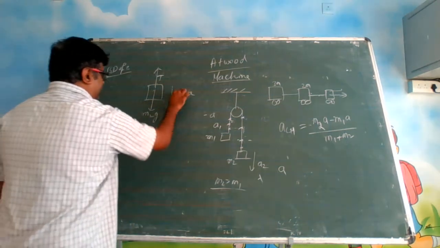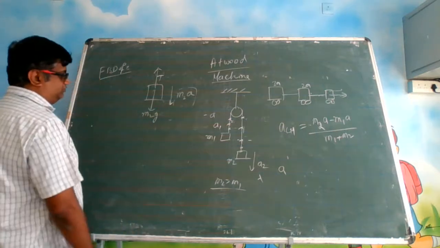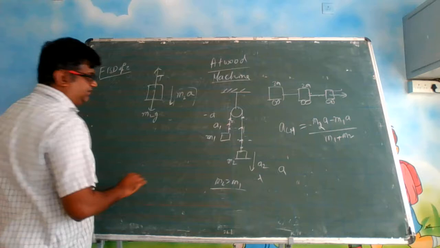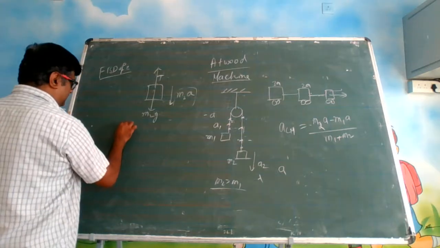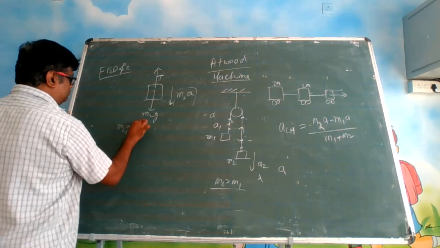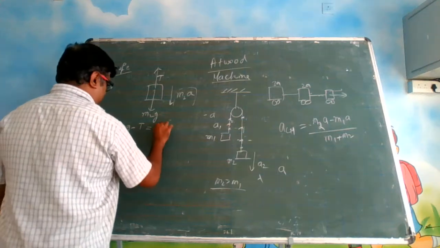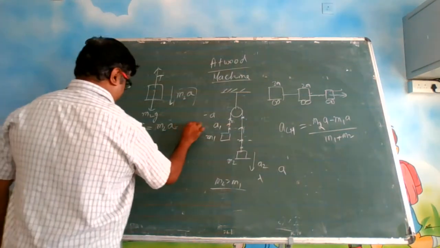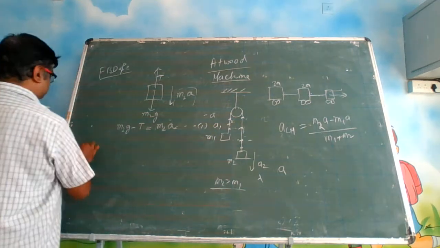So this M2A is the net force. So this force must be more than this. That is why it is going down. So our equation will be M2G minus T is equal to M2A. Right? So this is my equation 1.